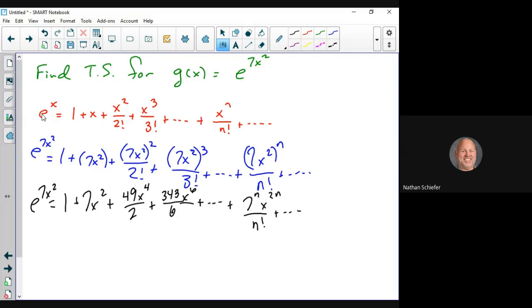Because if I had to get to the first 4 non-zero terms, how many derivatives would you have to do? You'd have to get to the 6th power. You have to do 6 derivatives because there are some non-zero terms in there. That wouldn't be fun. At least for you. All right.